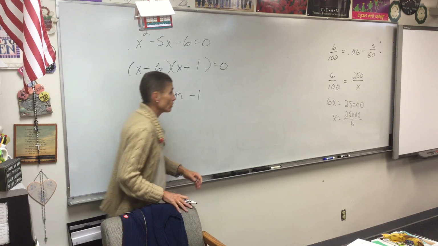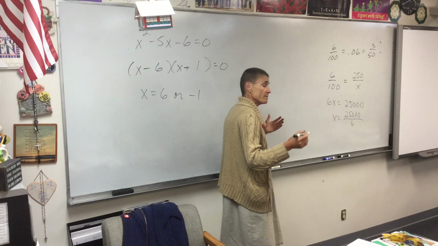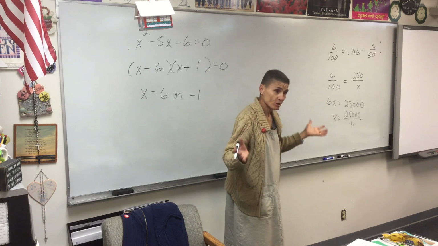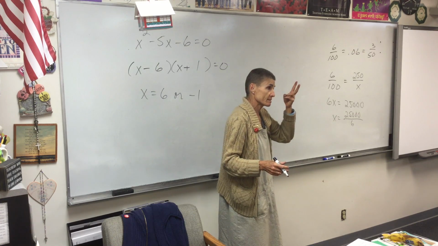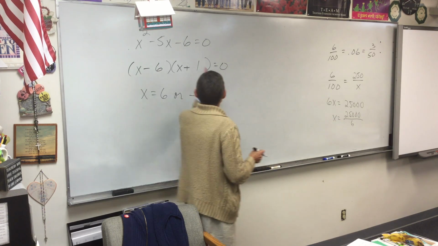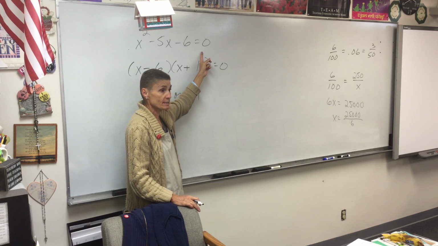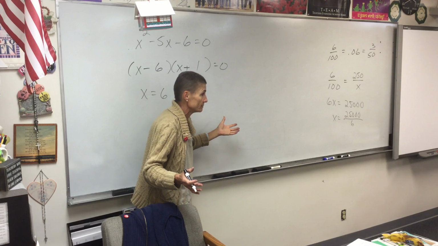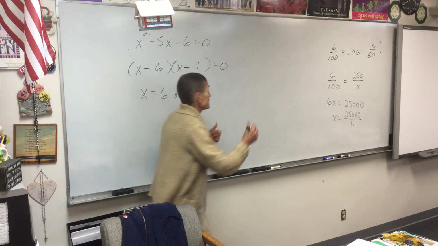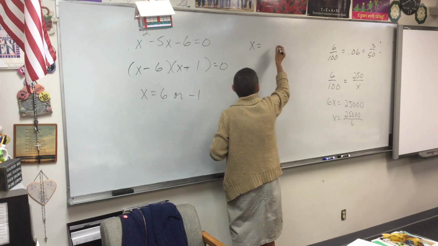You could use the formula. The formula works on every quadratic equation, but there are two things about it. First of all, your equation has to be set equal to 0. And secondly, you have to remember the formula. What is the quadratic formula?